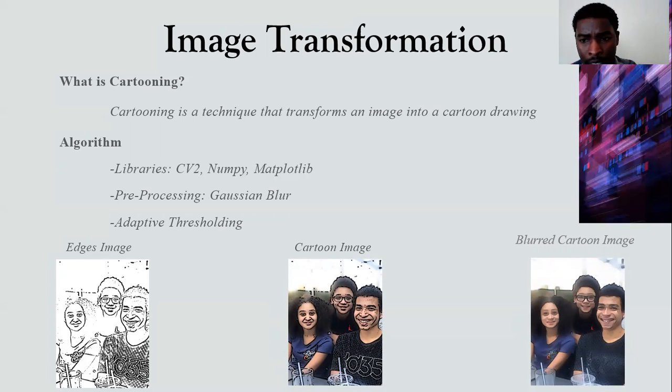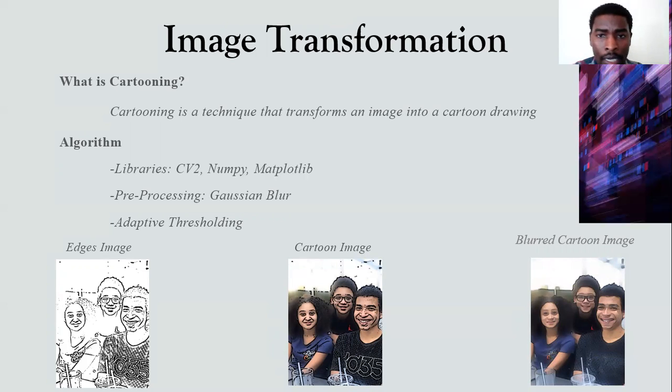As you can see, the blurred cartoon image looks a lot smoother, with less detail, which is what I was hoping for using the Gaussian blur. And if you compare the two, you see that the algorithm worked pretty well based on what I had inputted and some of the techniques I had used.